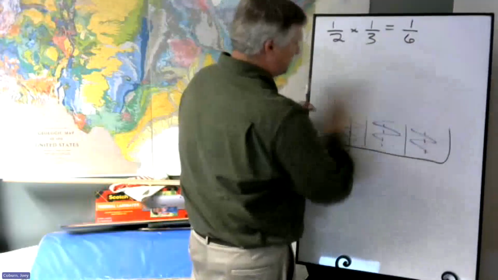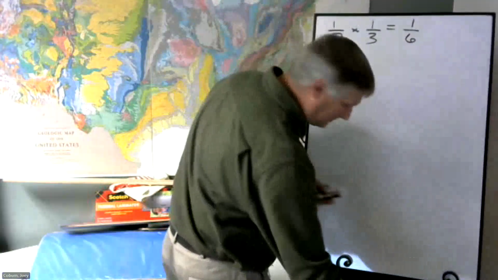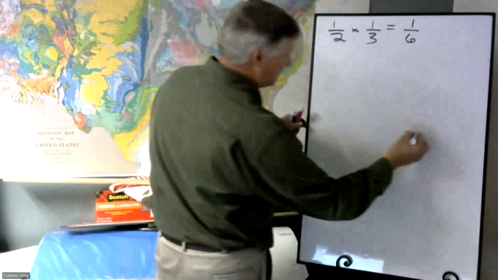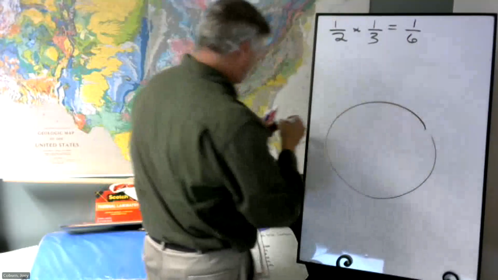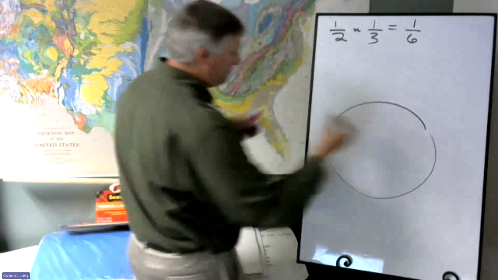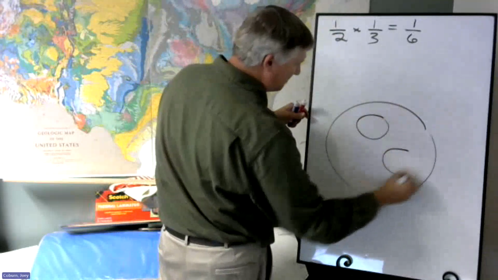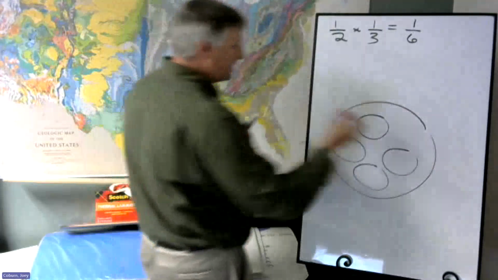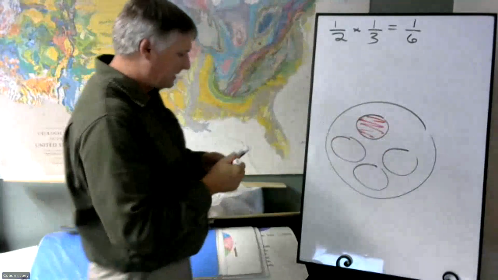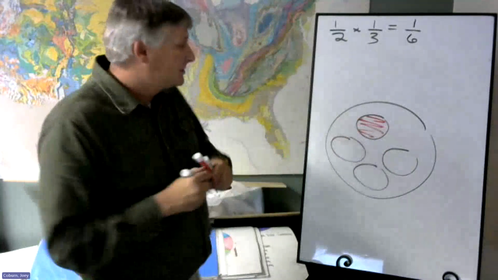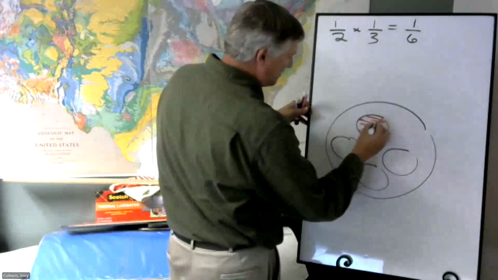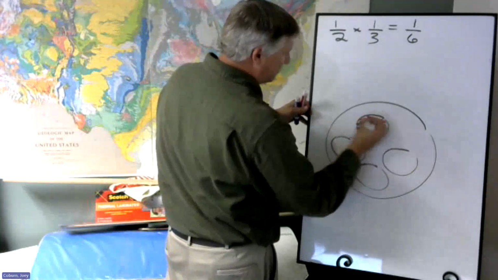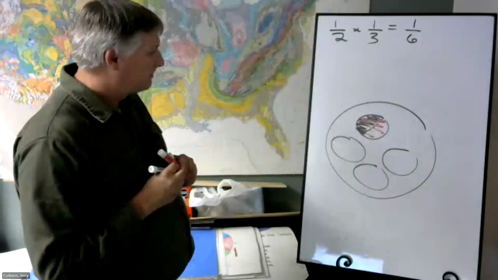Let's try another one. Suppose it's oranges. And there are a basket of 4 oranges. And one of these you're going to take home, and the others you'll give to your friends. And suppose when you get home, you decide to share half of that orange with your neighbor.